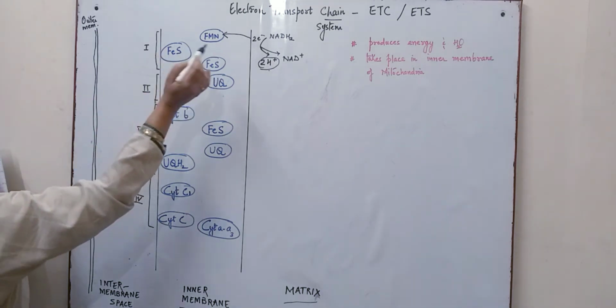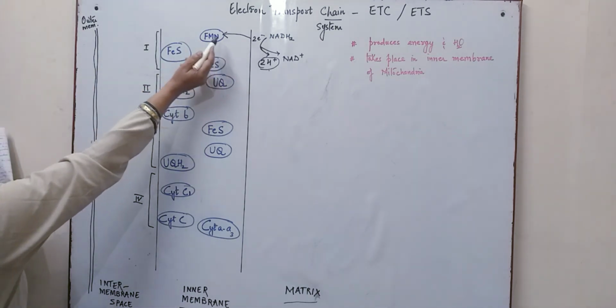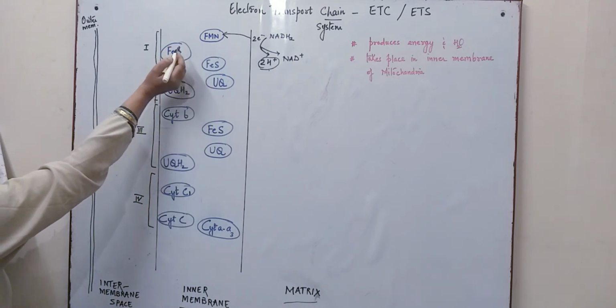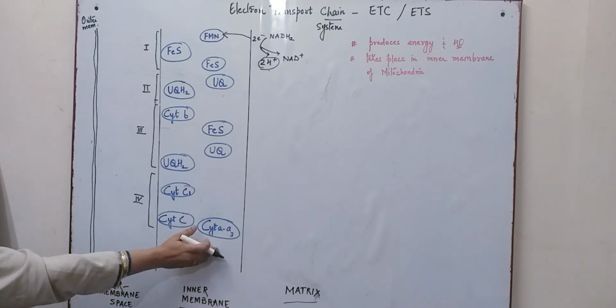This pair of electrons through FMN will finally reach the bottom of the chain.